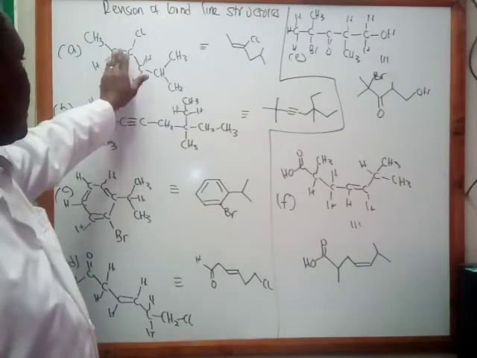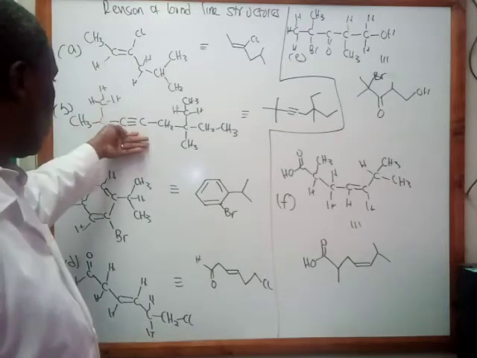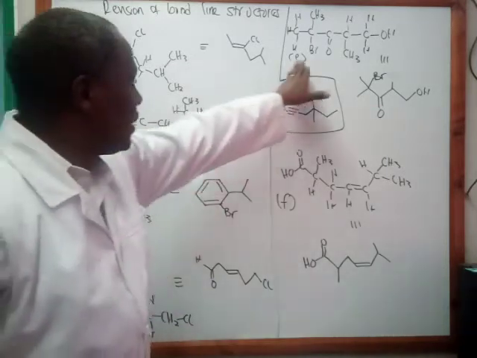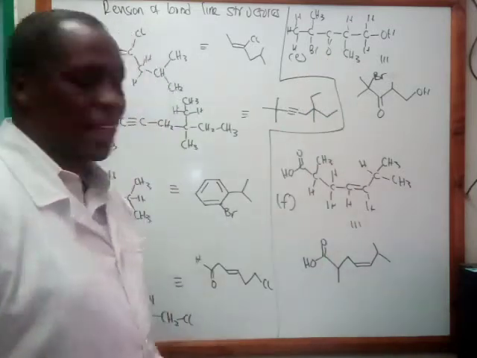The first one contains a double bond. The second one contains a triple bond. This one contains a benzene. This one is an aldehyde. This is a ketone, and this is a carboxylic acid.